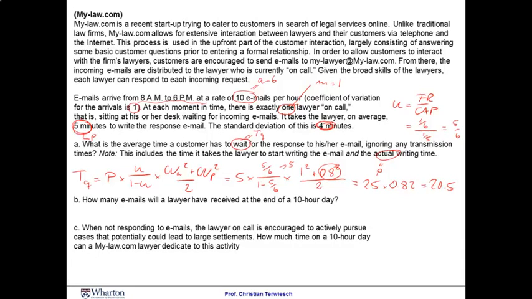Again, this is just the time in the queue. If you want to add to that the actual writing time of the email, then you have to add another 5 minutes, and that would give you then a total of 25.5 minutes as the answer to the question.